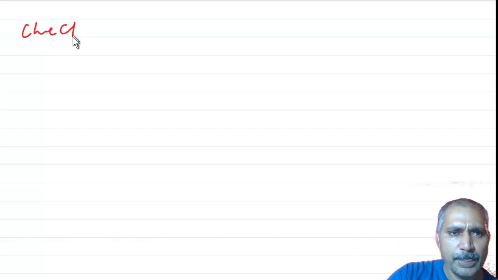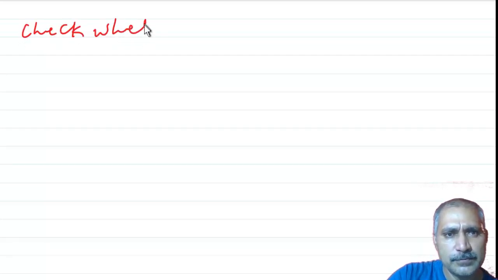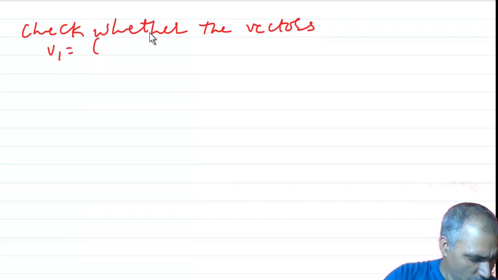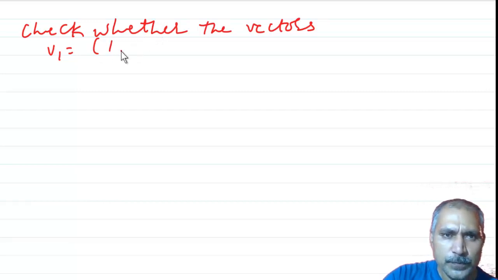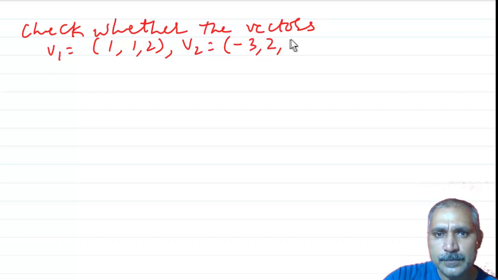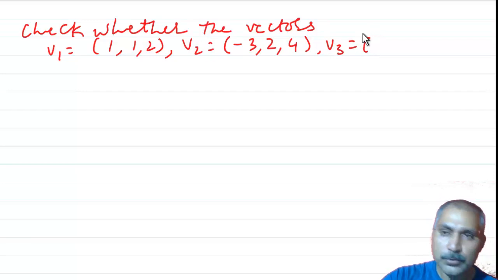Check whether the vectors v1, that is 1, 1, 2, v2 is equal to -3, 2, 4, and v3 that is equal to 2, 4, and 8.